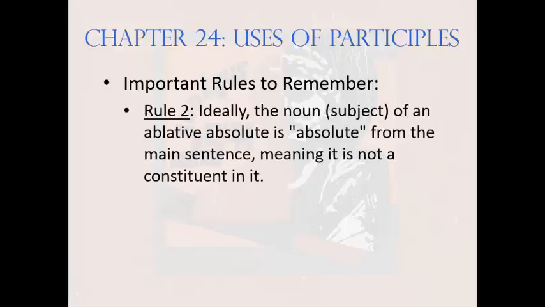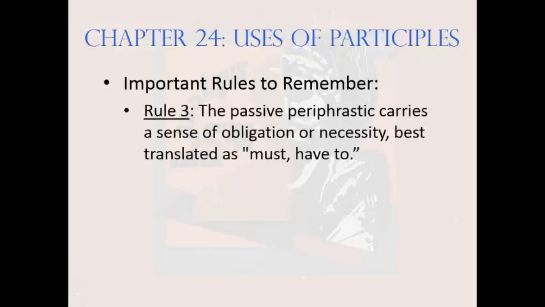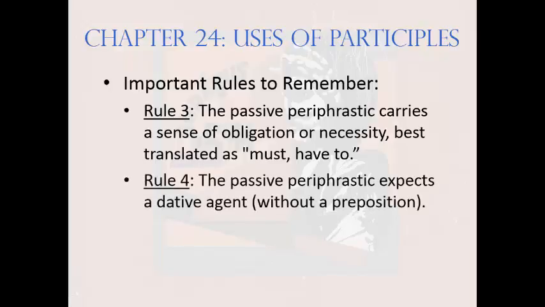Ideally, the noun or subject of an ablative absolute is absolute from the main sentence, meaning it's not a constituent in it. Rule 3. The passive paraphrastic carries a sense of obligation or necessity, best translated as must or have to. Rule 4. The passive paraphrastic expects a dative of agent with no preposition.